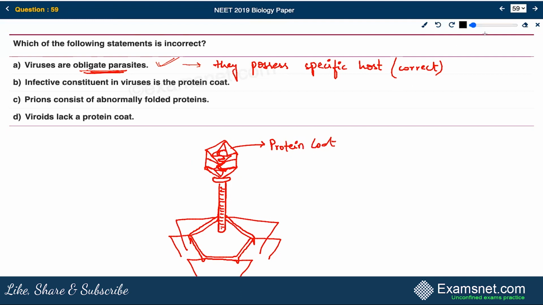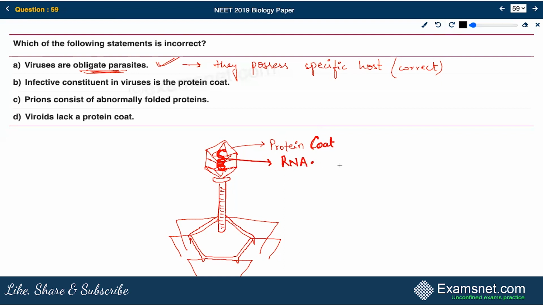Actually, the genetic material is present inside the protein coat. So here is the protein coat, and here is the genetic material, the RNA, you can say.